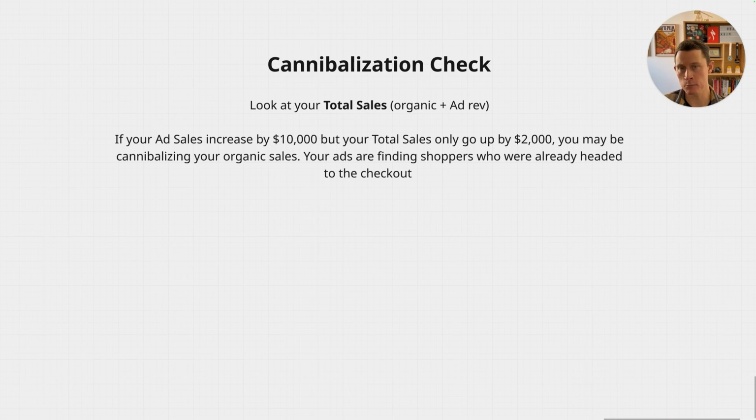So you're spending more, you're earning more on ads, but your overall revenue is staying relatively the same or only increasing by a little bit. Your ads are finding shoppers that may already be headed to checkout. So this is another good indicator from a very top-down perspective. We're not looking at the sequence of campaigns or new to brand like we talked about with AMC, but this is giving us an overall warning indicator to look at.